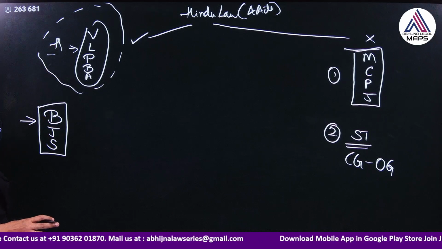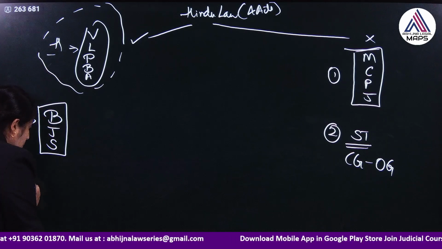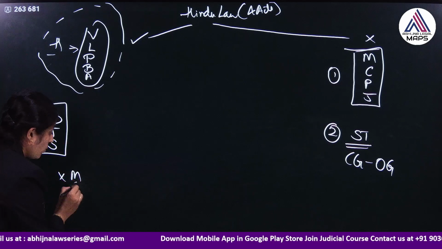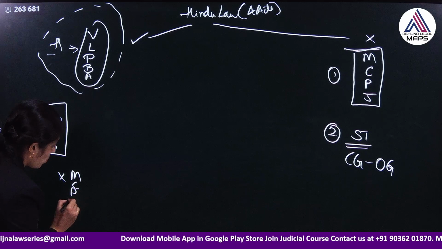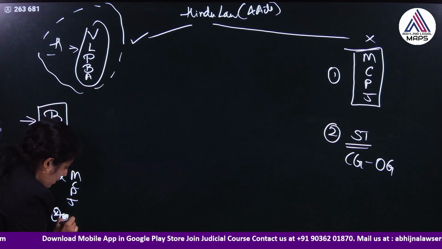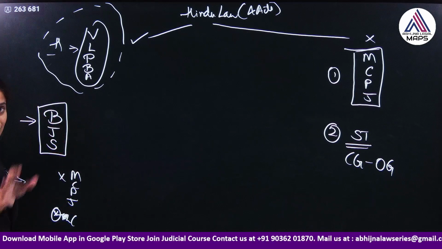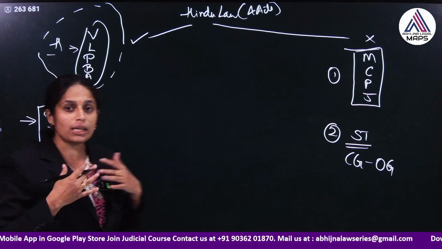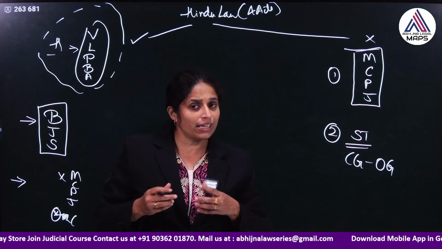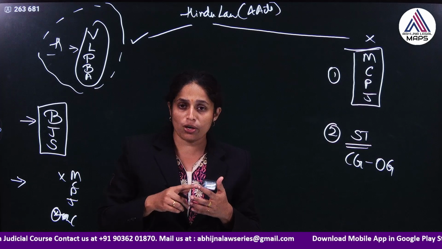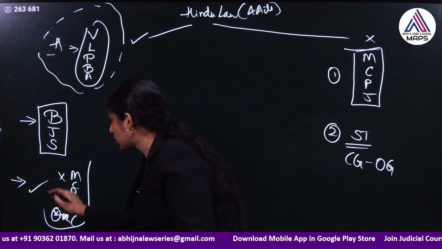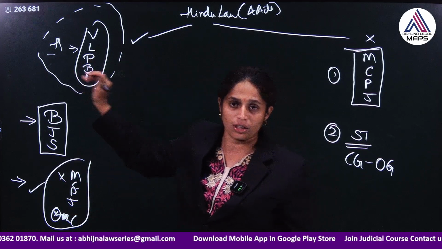It also covers those who are not Muslims, not Christians, not Parsis, not Jews, and who have not expressly stated that Hindu law is not applicable to them. If they are also not following any Muslim law, Christian law, Parsi law or Jewish law, then by default Hindu laws can be applied to them. Okay. This is one such category.